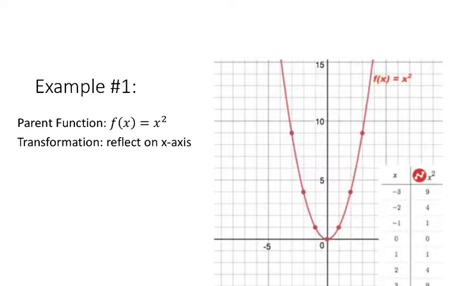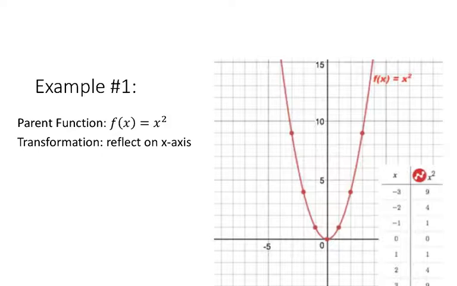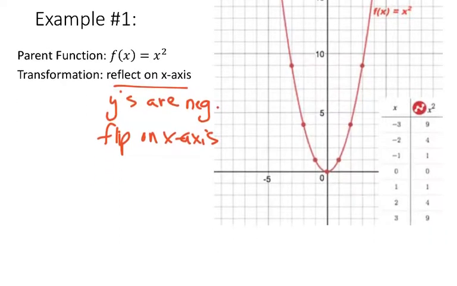Alright, so let's take a look at this one here. Notice it's saying that we're reflecting on the x-axis, so looking back, that means that our y's are all negative. And that it flips on the x-axis. Alright, so if we're going to flip on the x-axis, this is a terrible picture for that because I don't have enough pieces, but we will flip as much as we can. So this is your x-axis, and again, all of our y's are negative, and this is your y column.